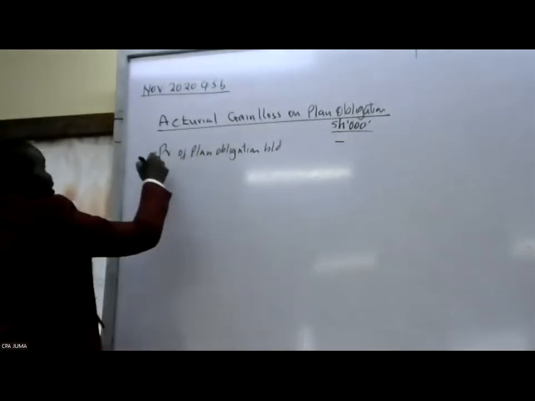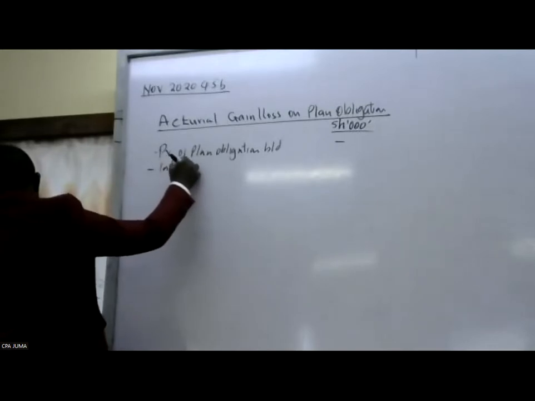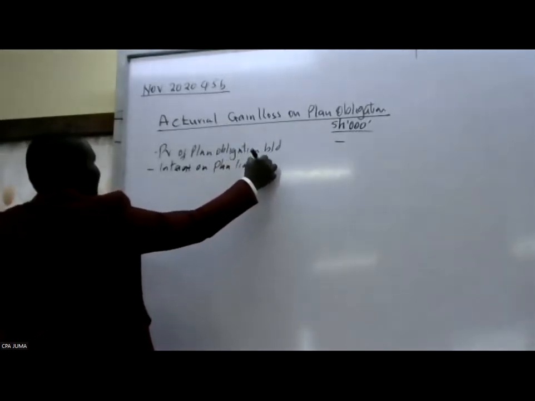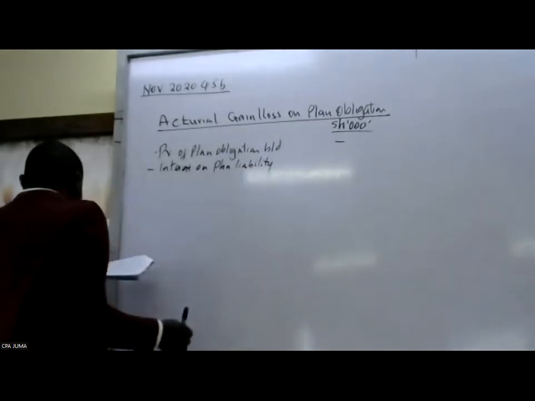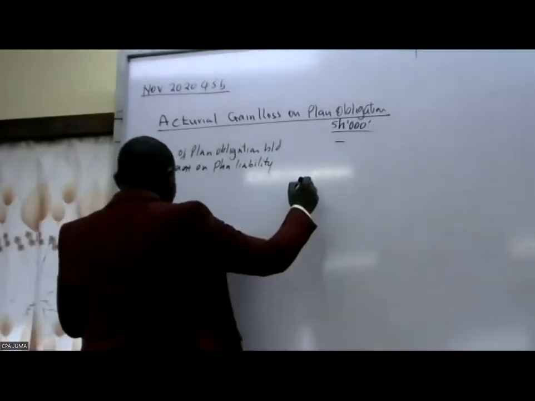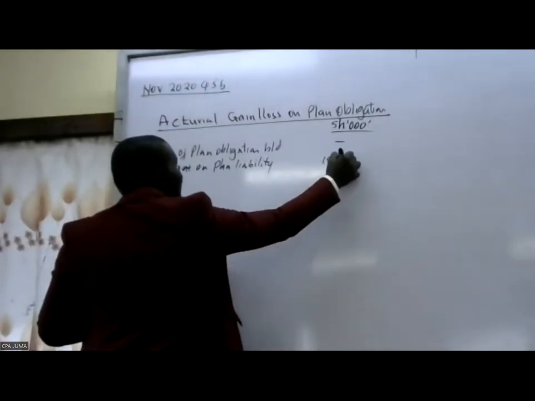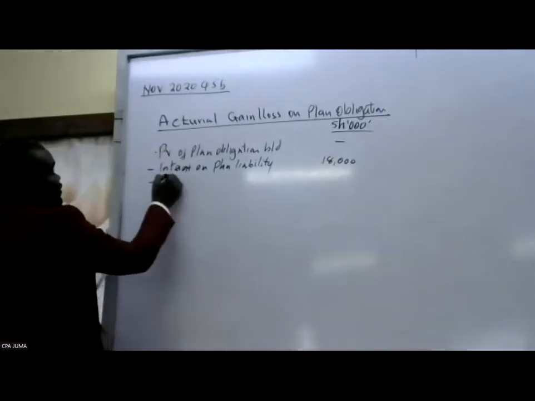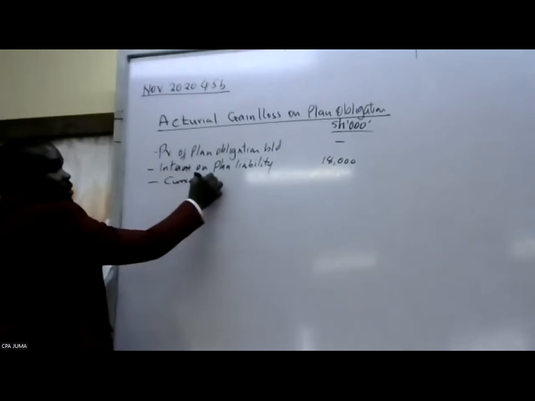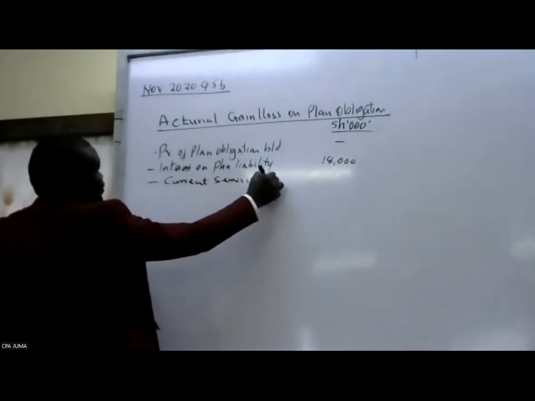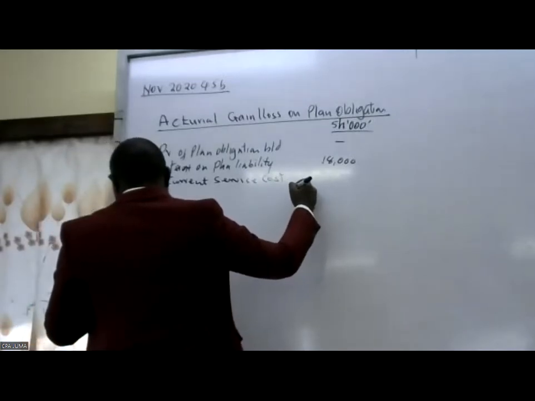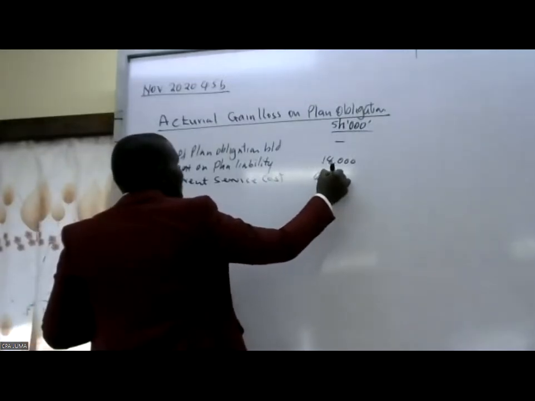Then we are given interest on plan liabilities. Plan liability interest was 18,000. That is how I want to charge you interest. Then current service cost, 600.